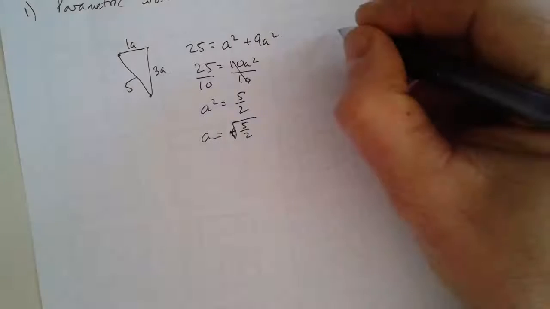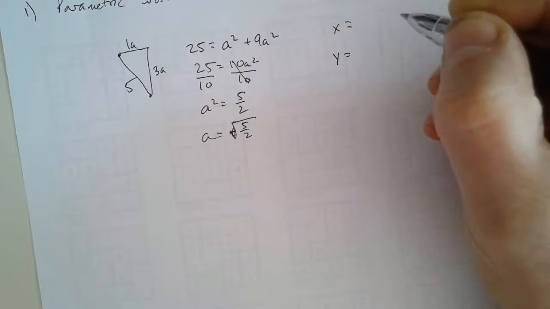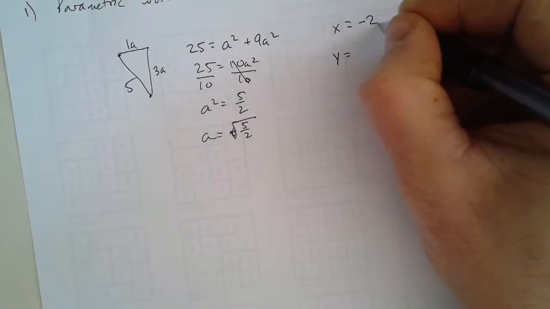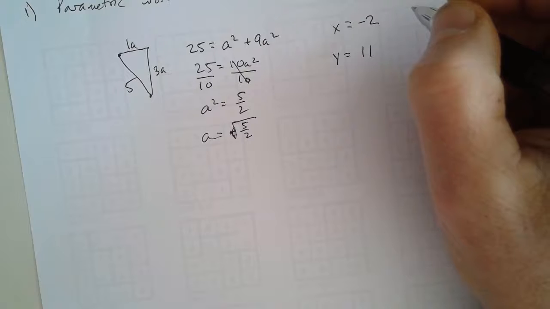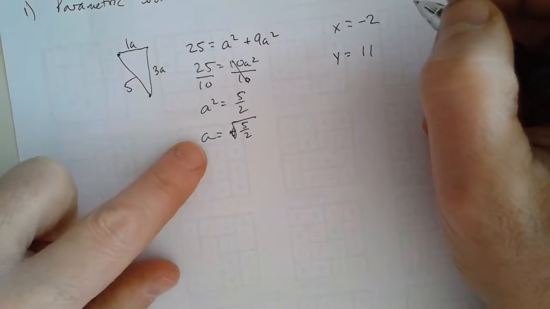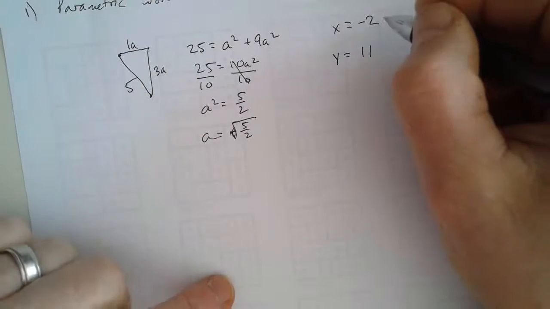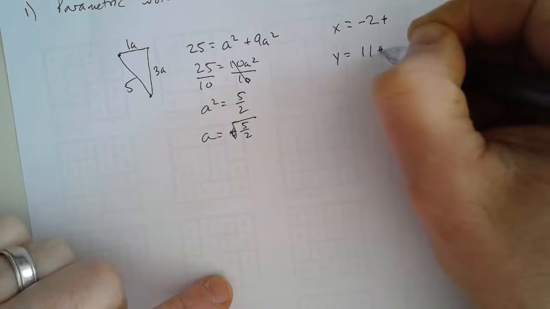So let's think about our x and our y equations. If we're thinking about our x equation, our x is starting at -2 and our y is starting at 11. Because of the speed there, we're going to have to figure out how much or how little to add to both of those as we go.